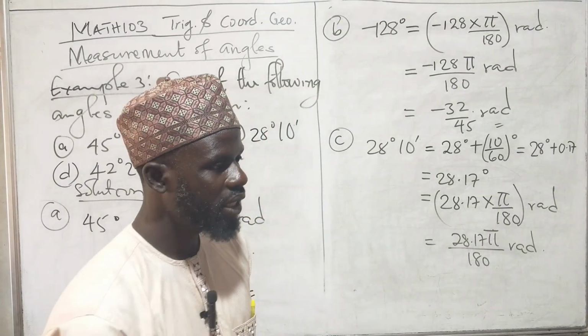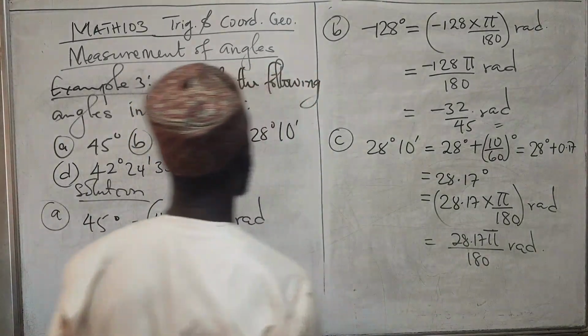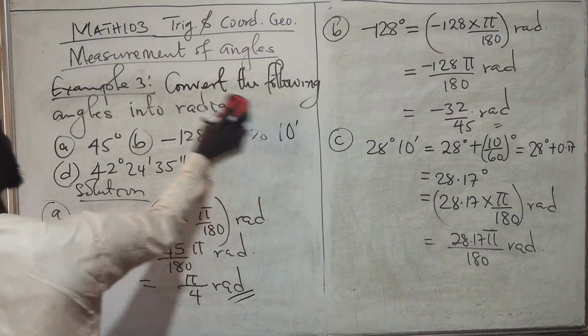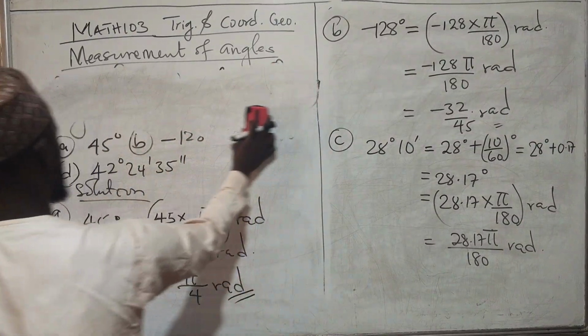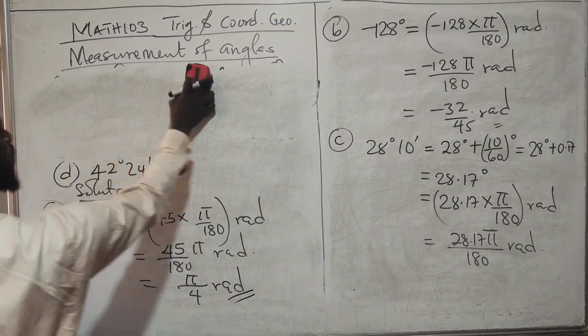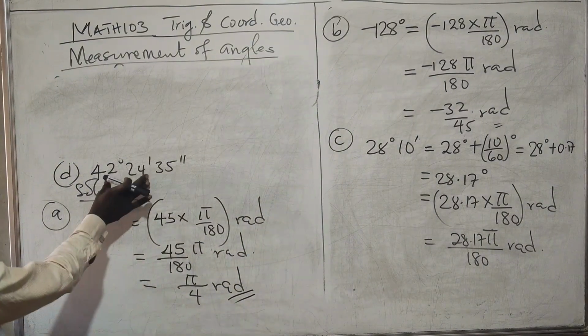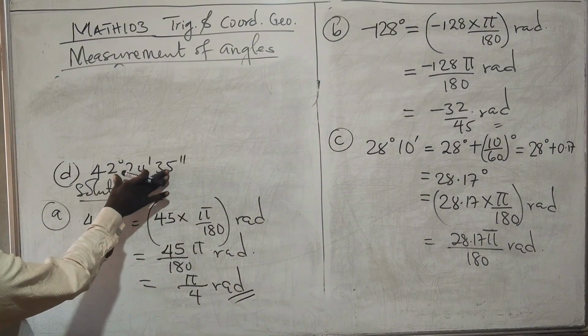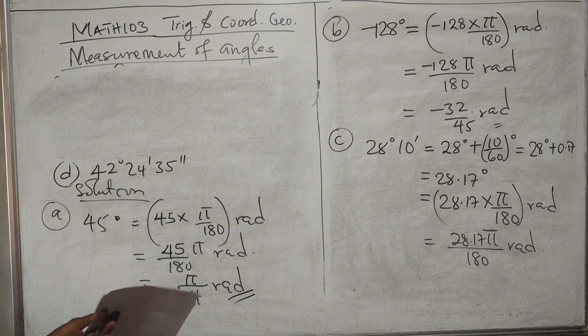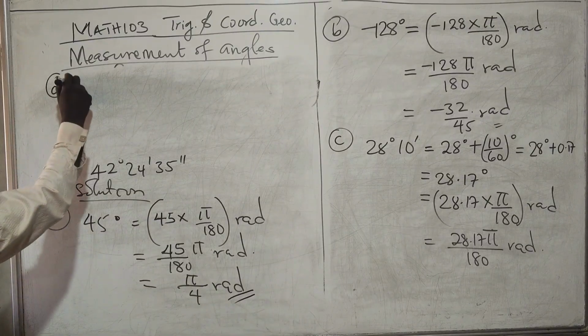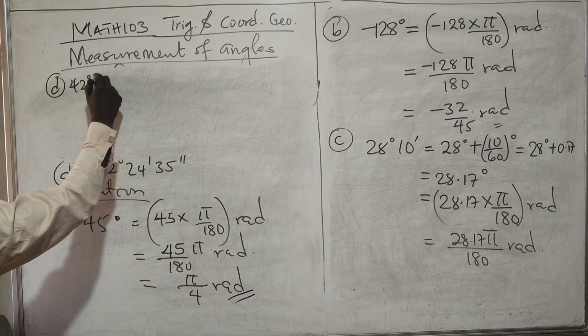So the D part is also clear. You have to convert all the angles to degrees and then add up the results, and then further convert to radian measure. So D, we have 42 degrees, 24 minutes, 35 seconds.